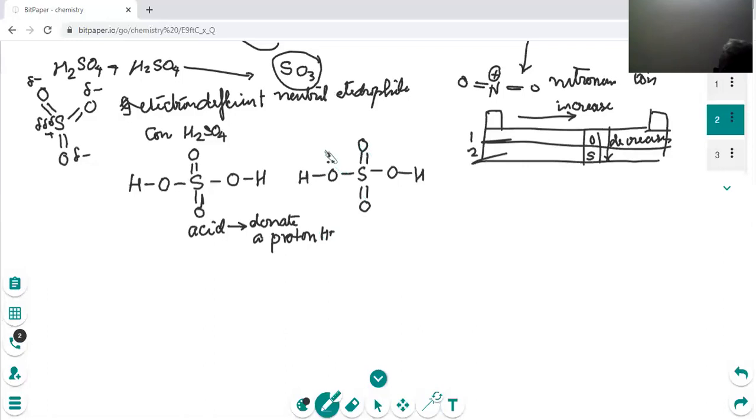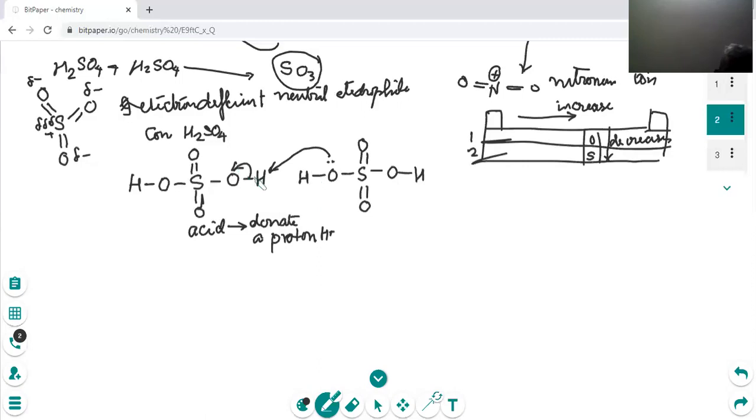Let me use this one. I form a bond of this oxygen with this hydrogen, so you get an OH bond formed. But remember, hydrogen cannot have two bonds. So naturally, these two electrons will go this side.